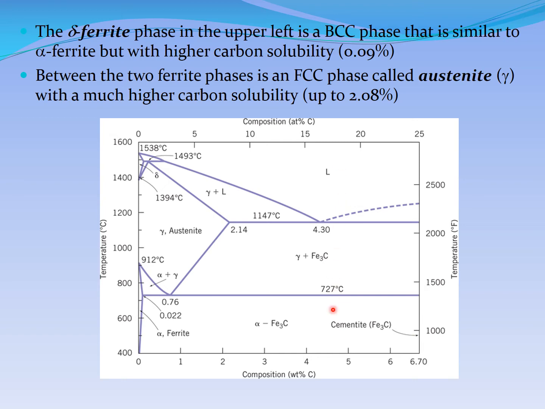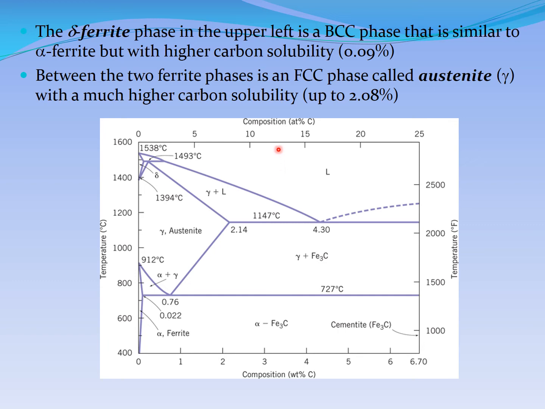So when you come from above, if you are coming from here, liquid, then liquid plus cementite, right? Then whatever remaining liquid is there changes into gamma plus cementite. And once you go below 727, then all of this changes into alpha and cementite.